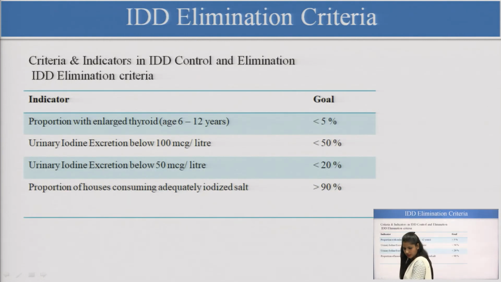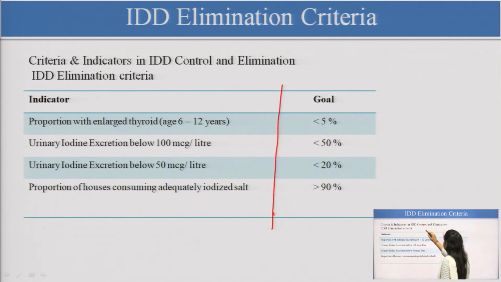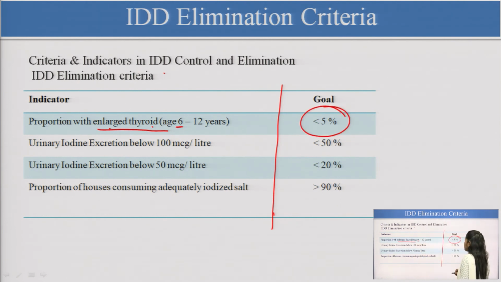Now, see the criteria and indicators for IDD control and elimination, that is, iodine deficiency disorder. What is our goal? We want the population with enlarged thyroid in the age group of 6 to 12 years to be less than 5%.